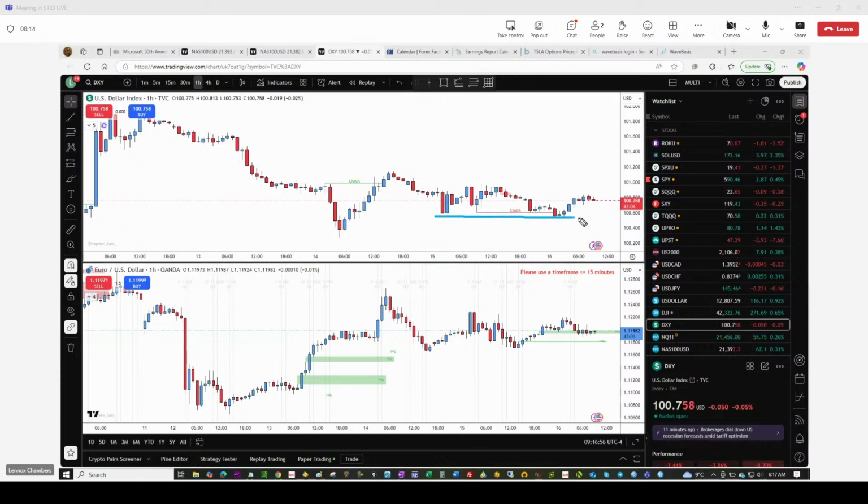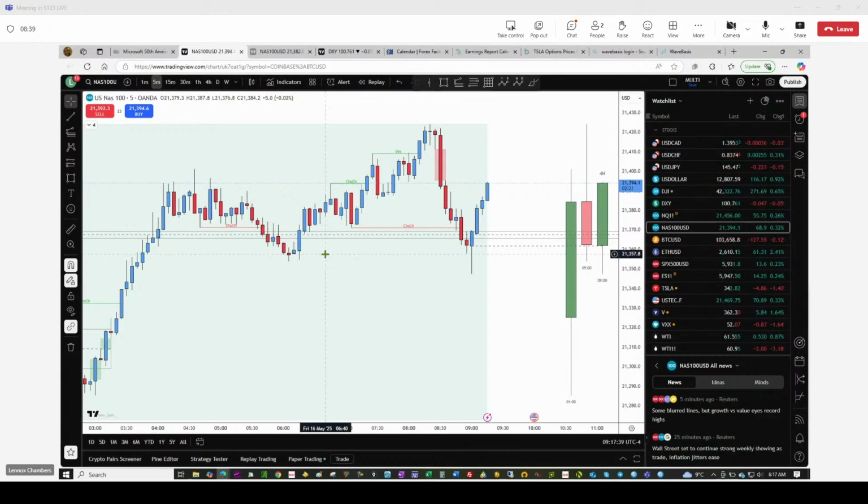We're in a range, very neutral right now, kind of in the middle of the range. You can see the Euro US dollar is similar, inside a range, in the middle of the range. So kind of neutral today, not much going on there. Perhaps the news will make a dent.